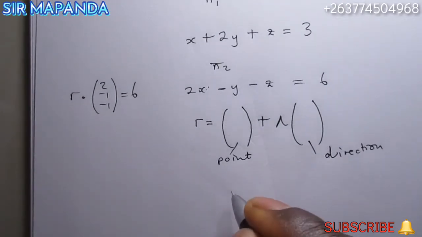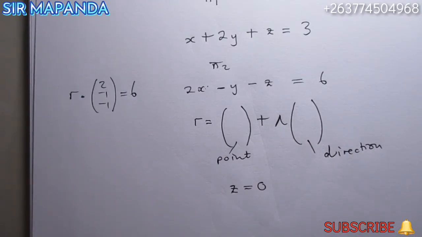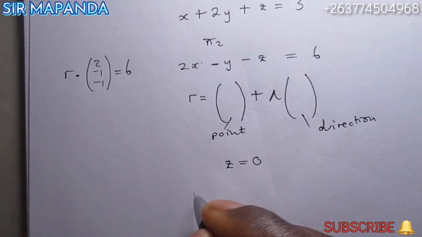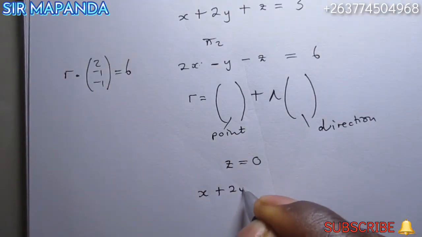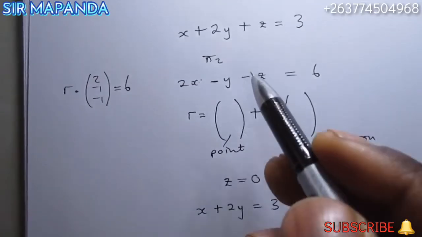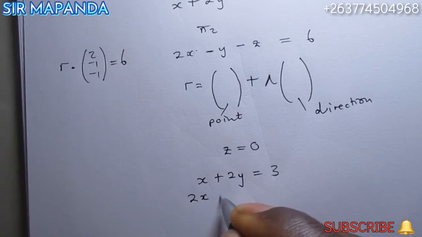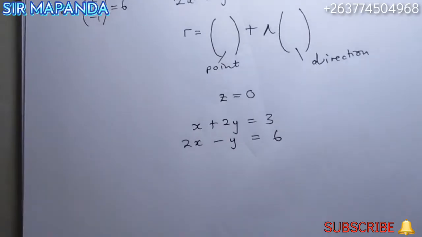So for the point, we are going to say, let z be equal to 0, so that we create simultaneous equations to find the x coordinate and the y coordinate. Right. So if we put 0 on z, on equation 1, you have x plus 2y equals 3. On equation 2, you get 2x minus y equals 6.